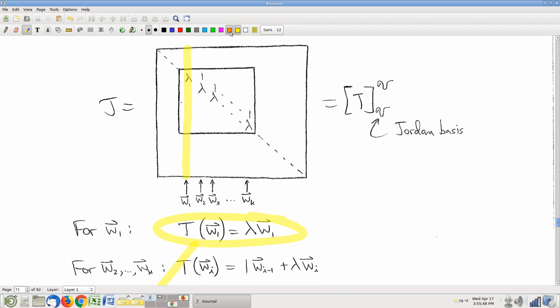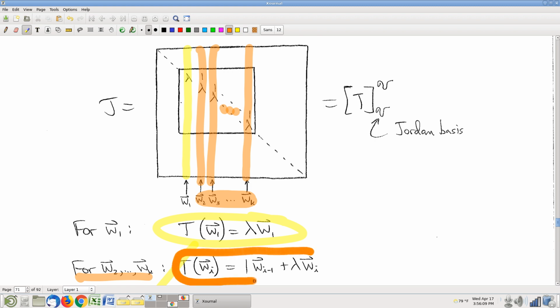Let's look at these columns here. These other columns, those are going to tell us about these other Jordan basis vectors associated to that block. For those other Jordan basis vectors, those columns tell me that.